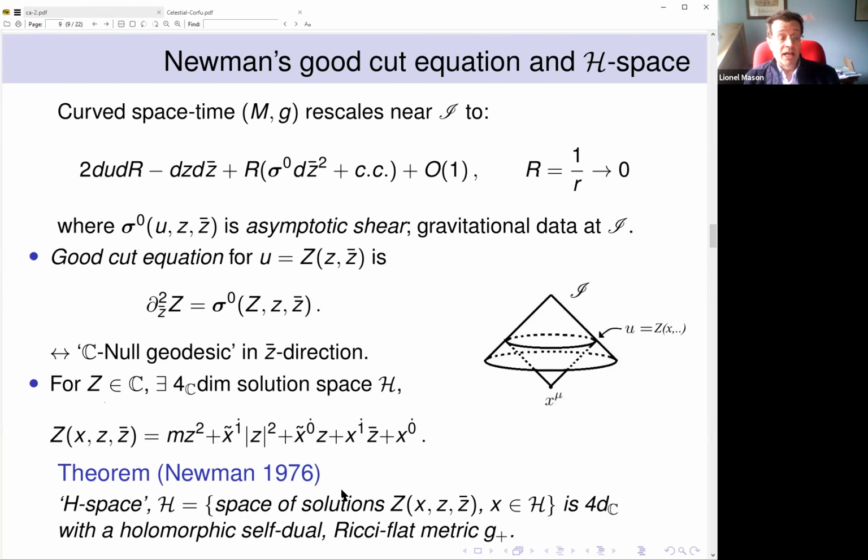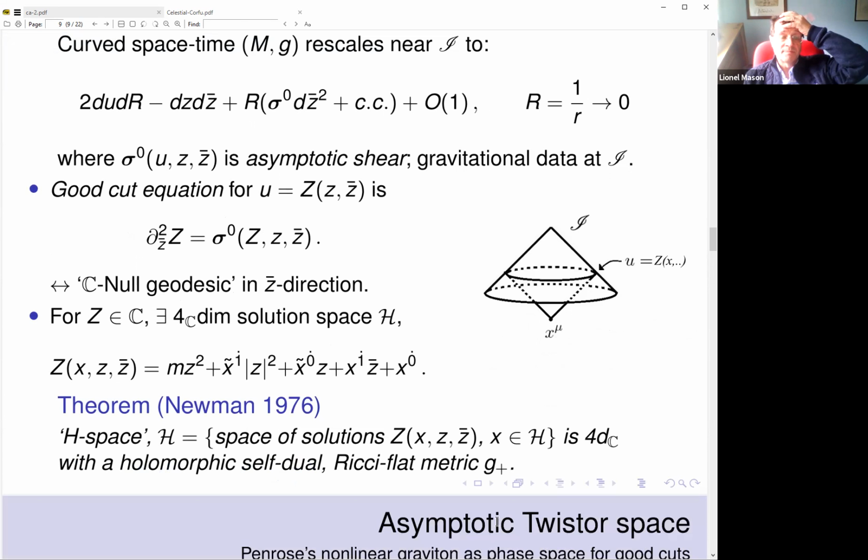Anyway, so these four coordinates then I'll just write as that little x there, and Newman proved that they have a four-dimensional space of solutions, which is actually a nice space-time, a complex four-dimensional space-time, and it has a holomorphic self-dual Ricci flat metric G+. So this is going to be our self-dual background that describes the self-dual perturbations in our symmetry formula generating function.